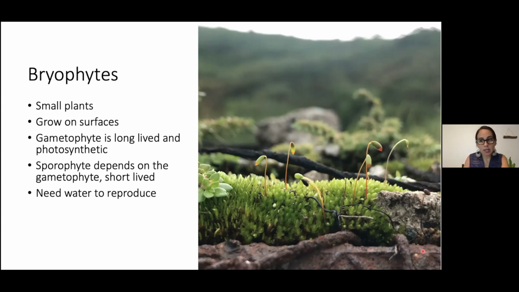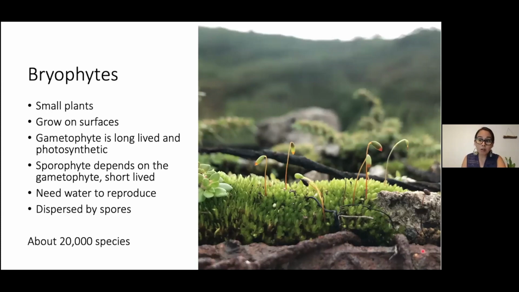And actually, as all plants need water, bryophytes have a special relationship with water, because when water is available, bryophytes can live and can photosynthesize. But when there is no water, they just dry up and wait until water is available again. And they disperse by spore.